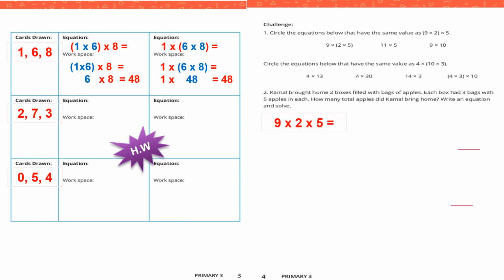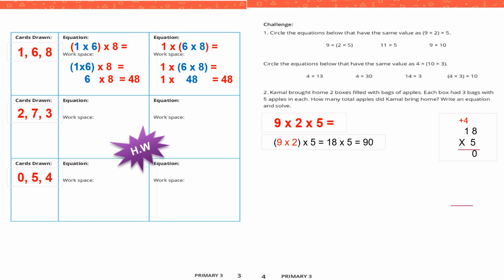Okay, let's take it. 9 times 2 times 5. I will take 9 times 2 between two brackets like he did in the question. 9 times 2 equals 18. 18 times 5, 90. How did you get it? I will write here 18 times 5. Then we will multiply 5 times 8, 40. Can we write all 40?